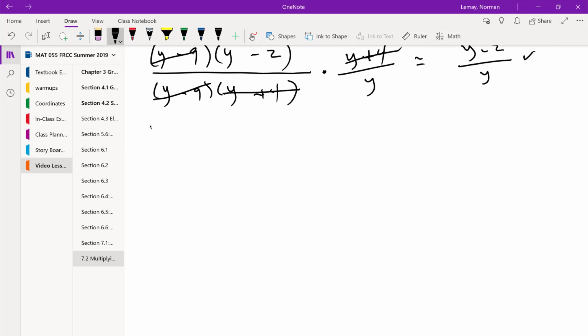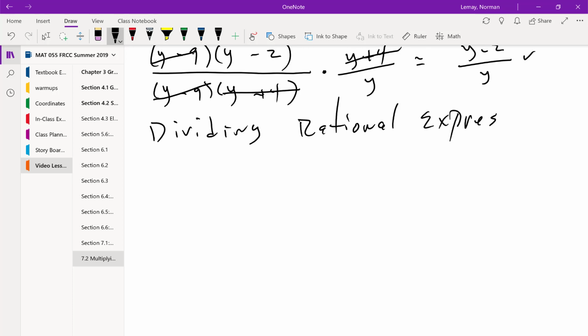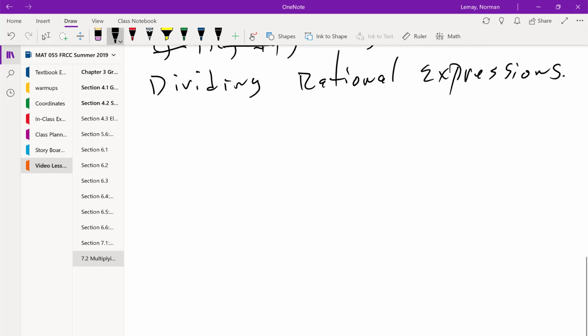And now the second part is dividing rational expressions. So this is our second objective. Numerically we went 3/5 divided by 4/3.